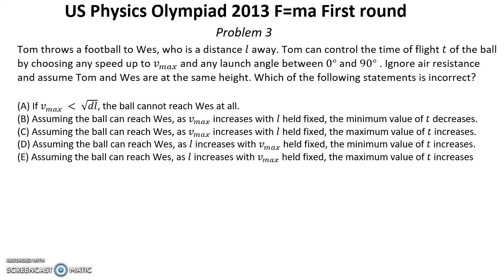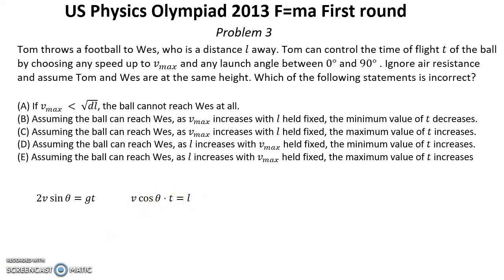Solution. Here we can use kinematic formulas for this problem. The first formula connects the change of the vertical part of speed over time t, which is this one. And the second connects range with the horizontal speed at time t.